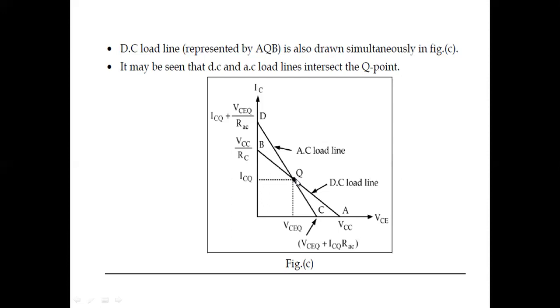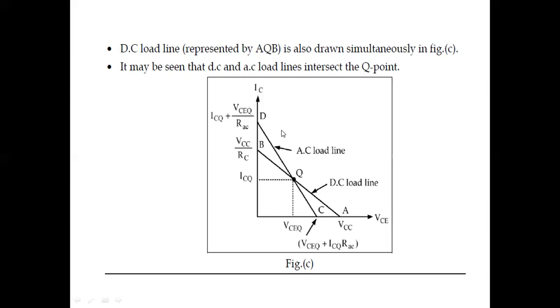Similarly, as we have seen in the earlier case, point A represents VCC comma 0 and point B represents 0 comma VCC by RC. Here at point A, VCE is equal to VCC, and at point B, IC is equal to VCC by RC.